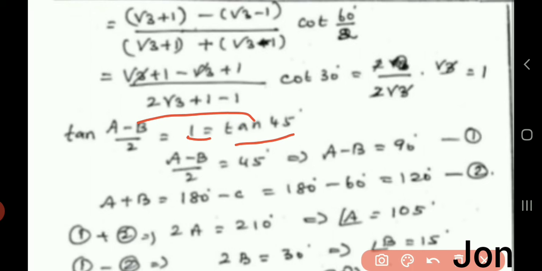So cot 30 equal to root 3, and the product works out to 1. So tan (A minus B) by 2 equal to 1. We got the answer like this. That 1 is nothing but tan 45 degree. So from this I want to conclude (A minus B) by 2 equal to 45 degree.